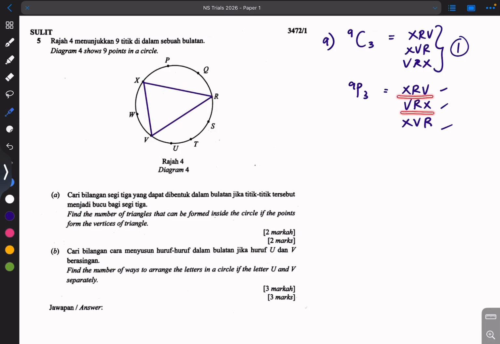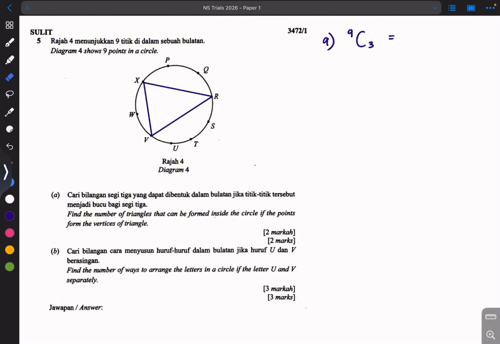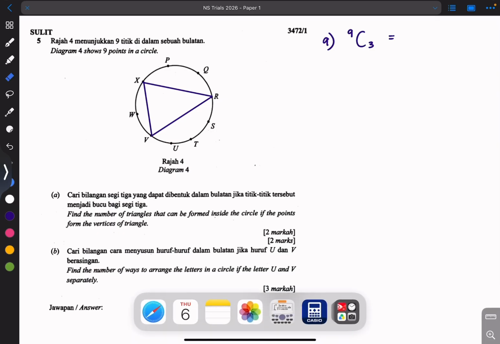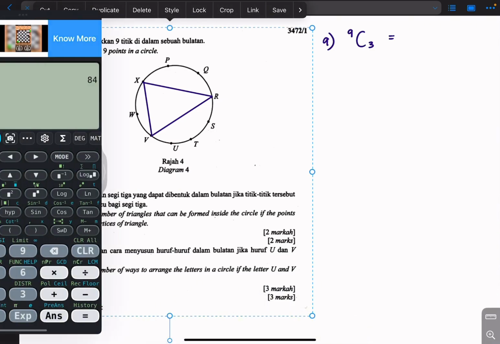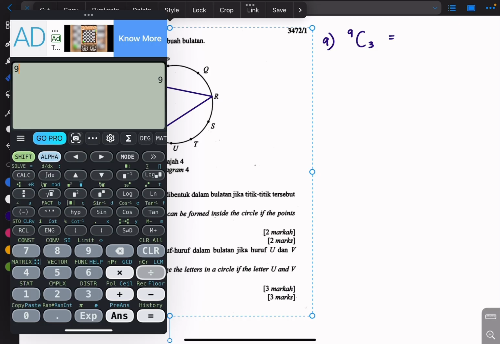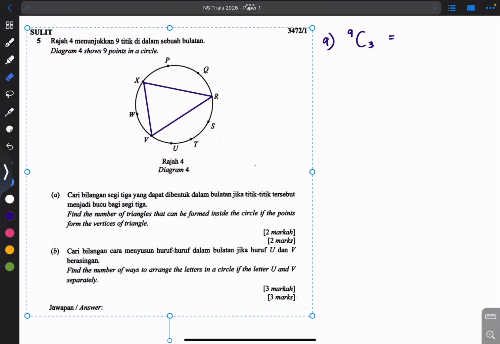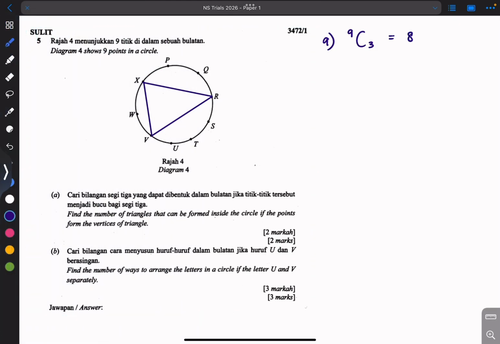So the arrangement doesn't matter. In this case, it should be 9C3. Let's write 9C3, we get 84. So there are 84 different triangles we can make using these 9 points. Done.